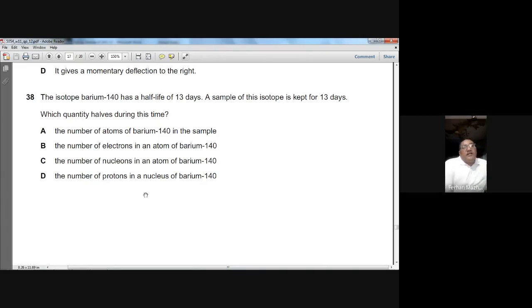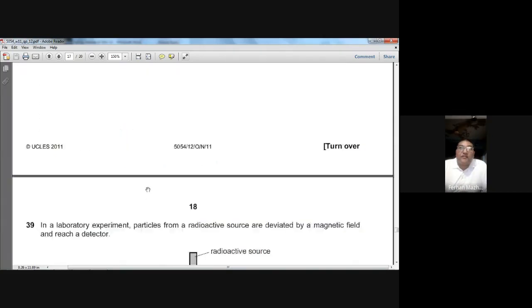The parent nuclei which were present, they will become half. So the number of atoms of barium 140 in the sample will halve. So A is the option for question number 38.